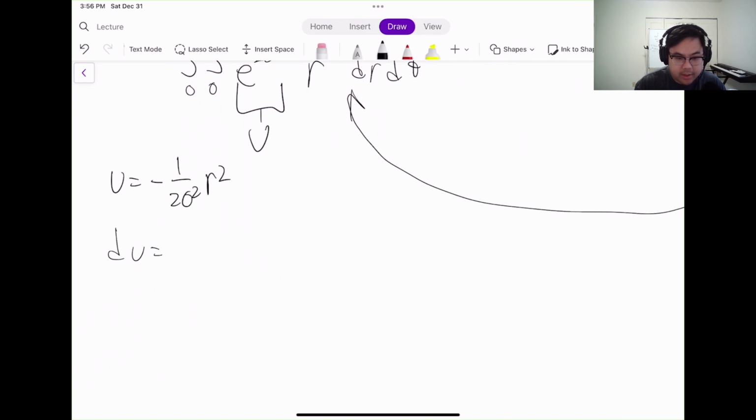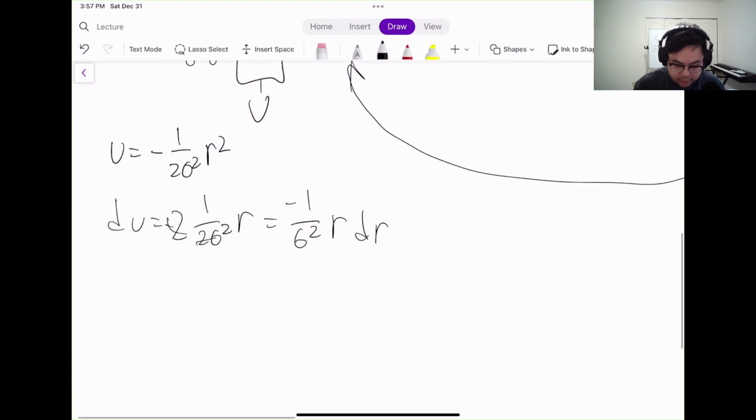The 2 comes out front, so we get 1 over negative 2 sigma squared times 2r. And this equals negative 1 over sigma squared r dr, right? Because the 2 cancels with that 2, and then we get this, right?